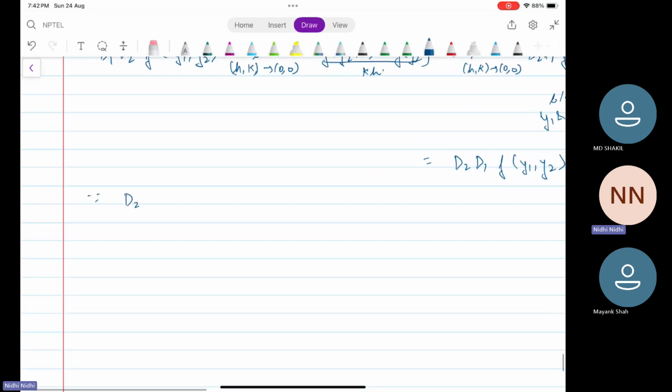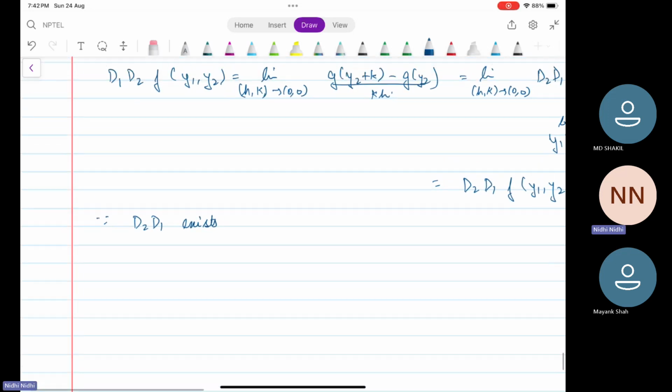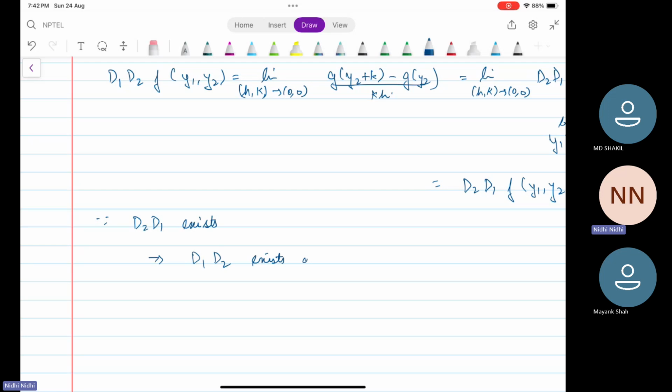Since d2 d1 exists, this limit is finite. Therefore, d1 d2 exists as well, and d1 d2 of f at y1, y2 is equal to d2 d1 of f at y1, y2.